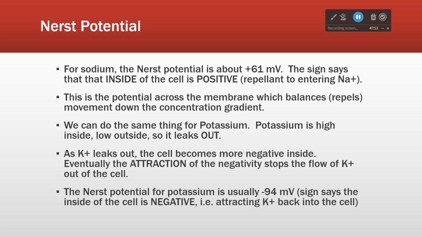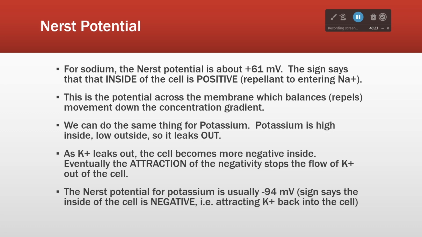So we're left with a deficit of positive inside. So again, if all that existed in the universe was potassium, water, and cell membranes, the Nernst potential for potassium is about minus 94. In other words, across the cell membrane, there's a significant negative difference. Most of the negative charge is on the inside, and it's resisting the flow of potassium out.